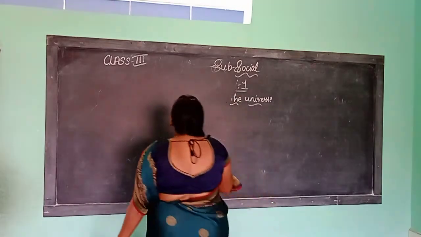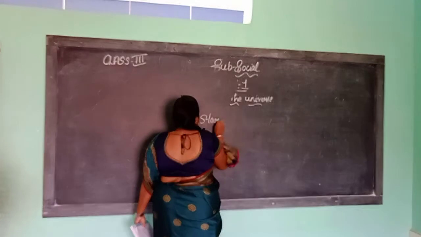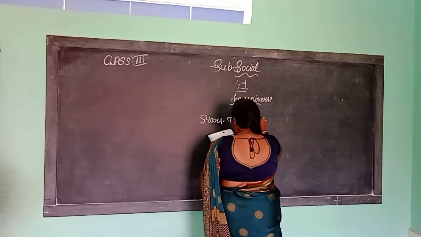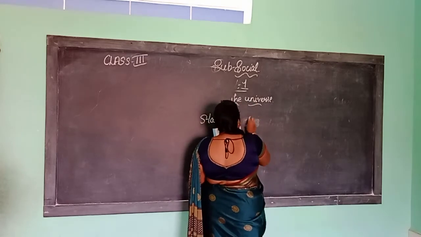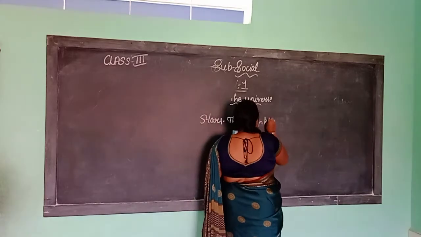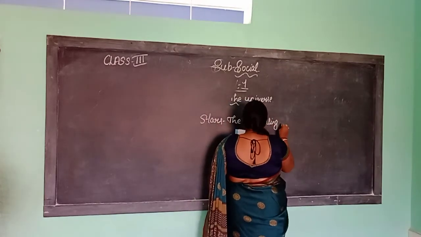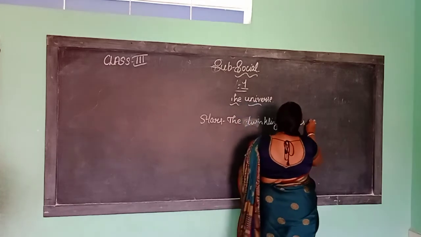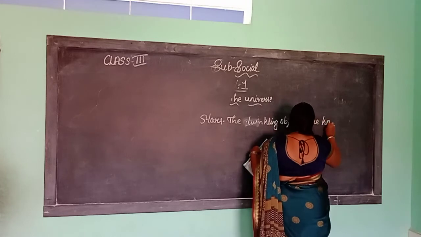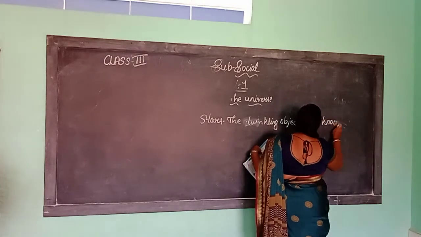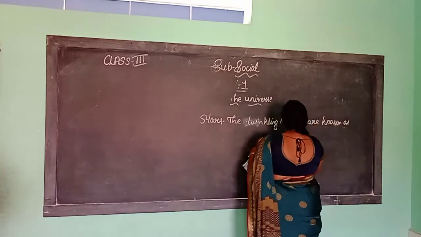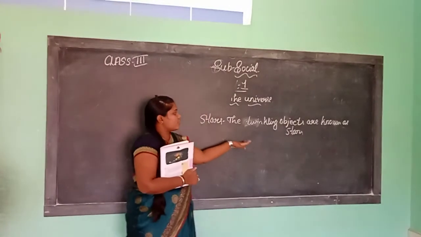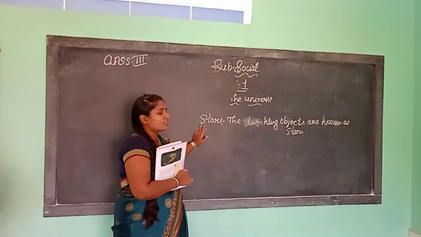What is a star, children? The twinkling objects are known as stars. We can see these stars only at night time.